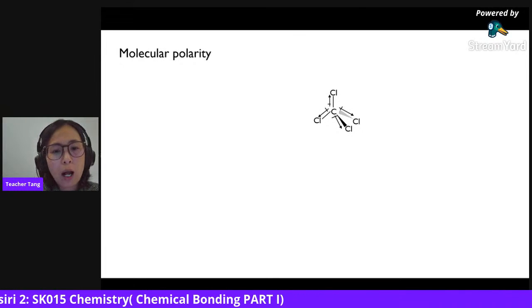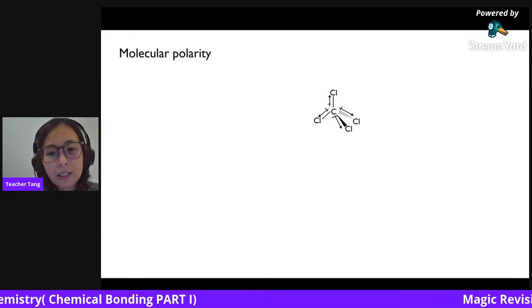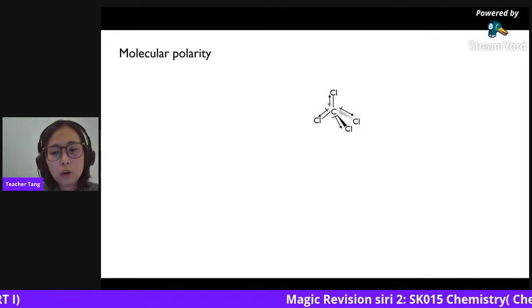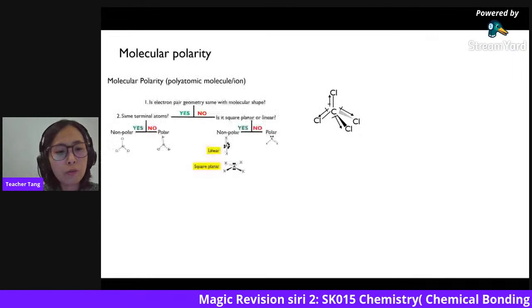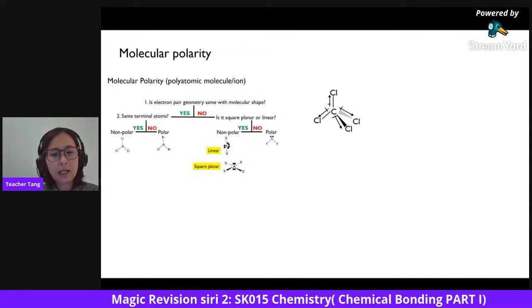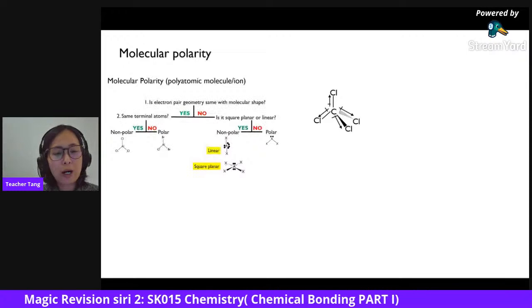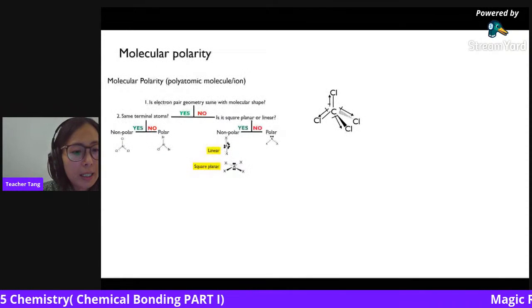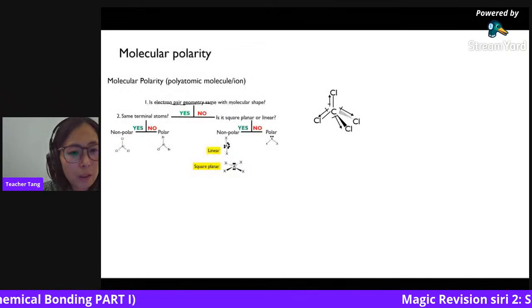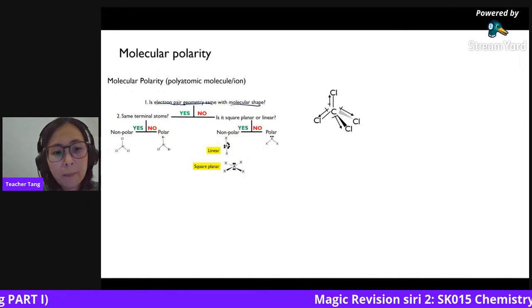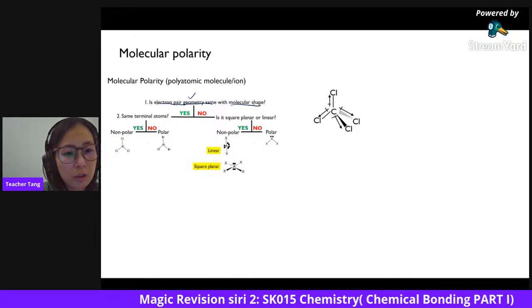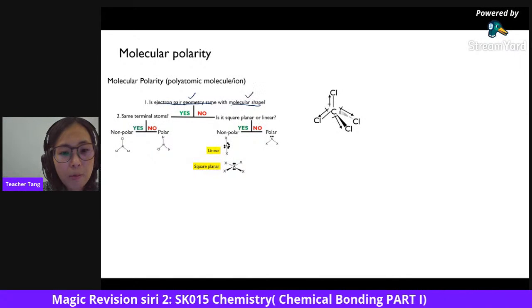How do we determine whether this CCl4 molecule is polar or non-polar? We just go through the flow chart and ask ourselves 2 questions. The first question: is the electron pair geometry the same as the molecular shape? Yes. The electron pair geometry is tetrahedral, and the molecular shape we determined is also tetrahedral.